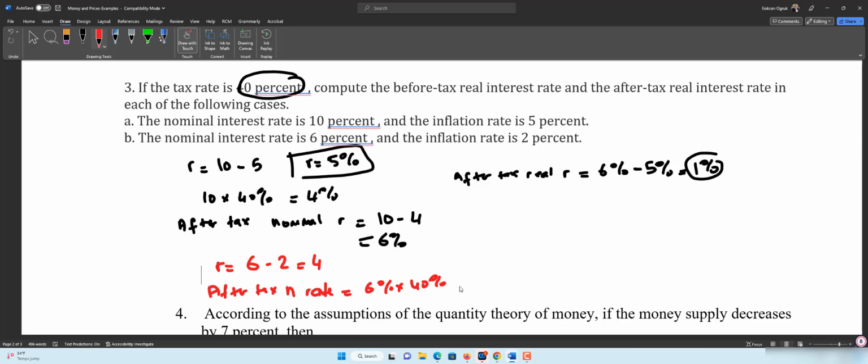That is 2.4%. So after-tax nominal rate is 6 minus 2.4, which is 3.6%. After-tax real return is equal to nominal minus the inflation, which is 1.6%.